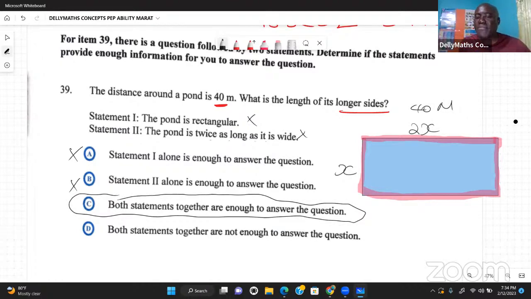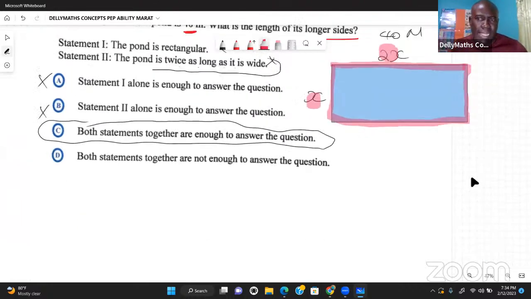Yes, because if I don't get the last statement, I could find many rectangles to fit it. I could tell you infinitely many to fit it. But when they gave the condition that it is twice as long as that, then I'm forced into a corner to represent this as X and this as 2 times it, right? And then I could use that to work out something. So there it is. I think that was the last one.